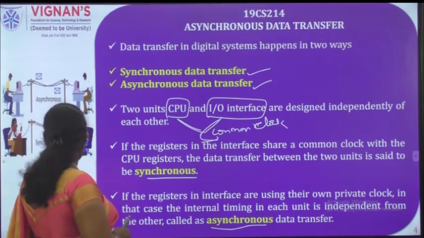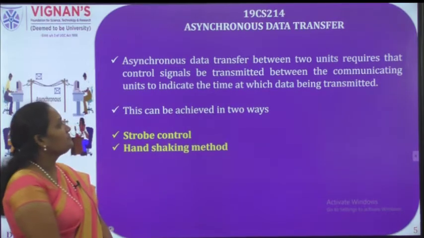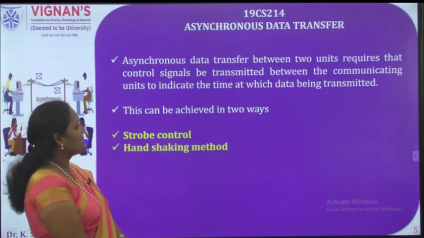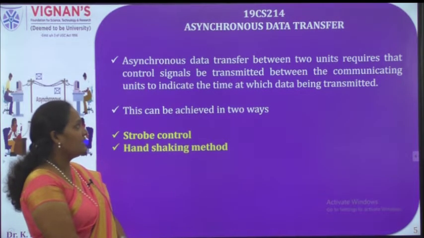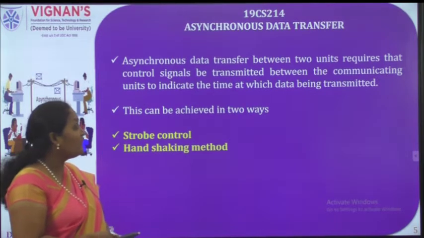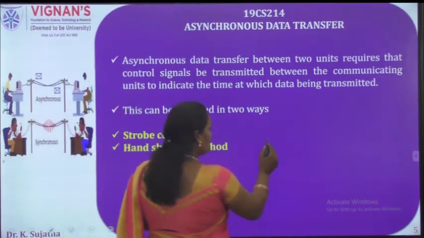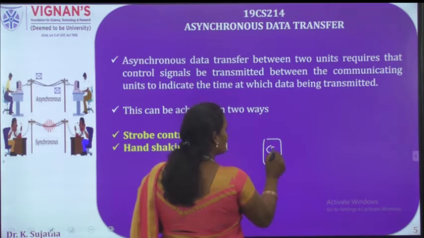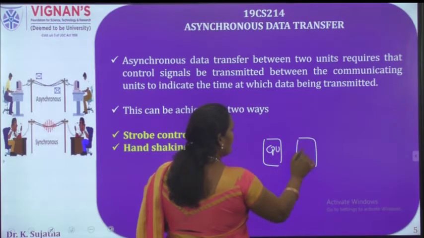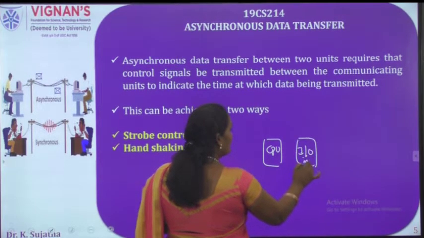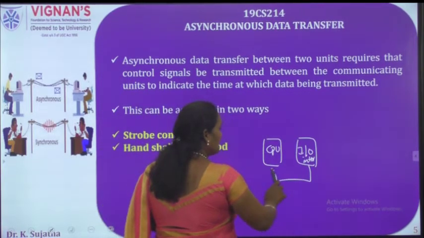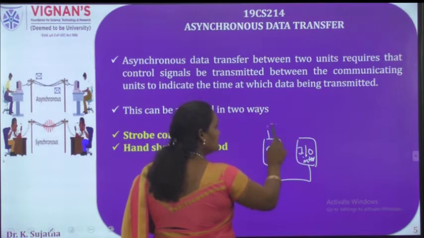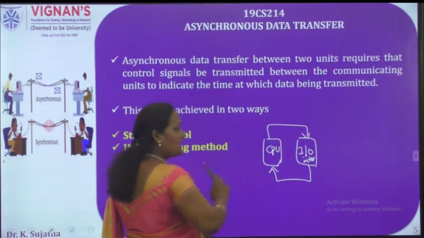Now, we are going to explain about this asynchronous data transfer. The asynchronous data transfer between two units requires that control signals be transmitted between the communicating units to indicate the time at which data is being transmitted. I already said that CPU is having its own registers and its own clock. I/O interface is having its own registers and its own clock. Now, I/O interface wants to send some data to CPU or CPU wants to send some data to I/O interface.